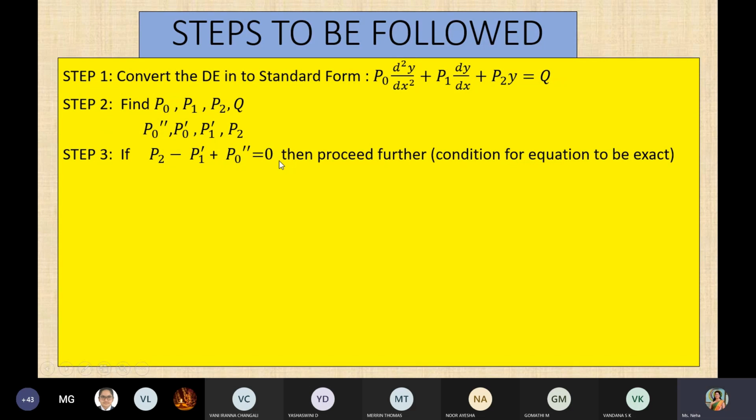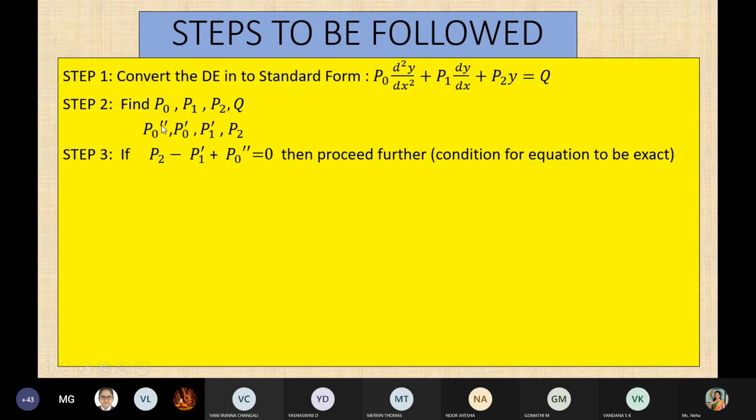This you can remember like this: the numbers are decreasing, 2, 1, 0, and the differentiations are increasing, then P1 dash, then P naught double dash, with signs alternating plus, minus, plus.